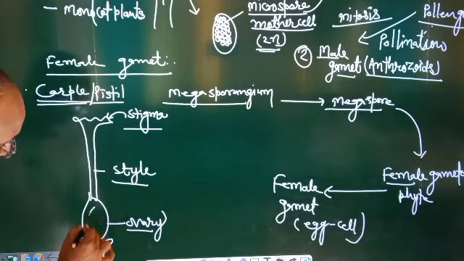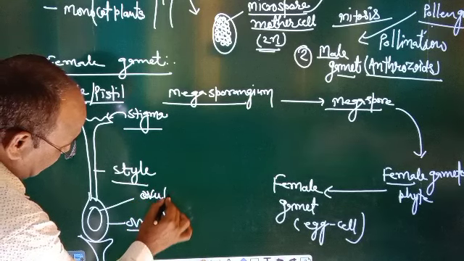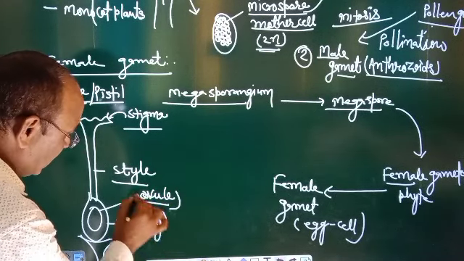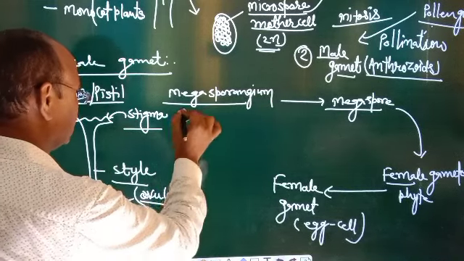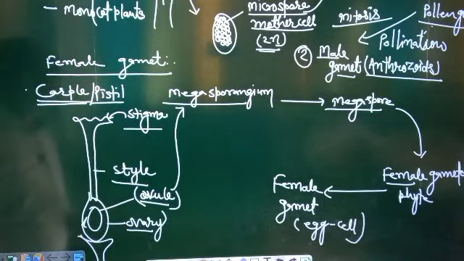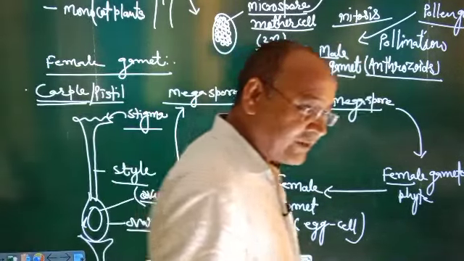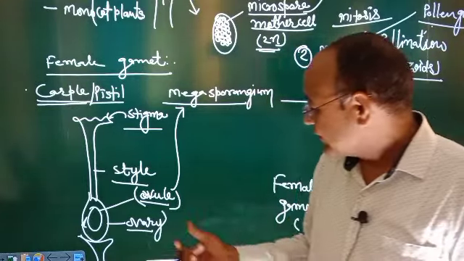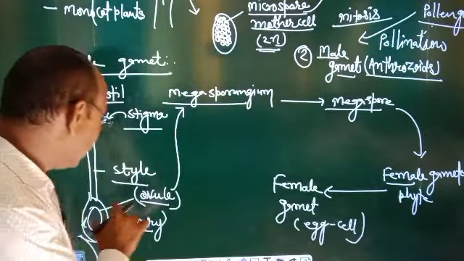And in ovary, another round structure is present, which is called ovule, and ovule acts as a megasporangium. Okay, so give the name of megasporangium of plant. Your answer is ovule, and ovule is present in ovary.